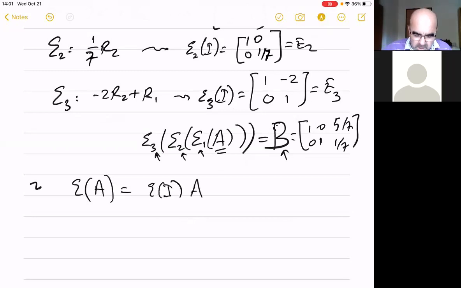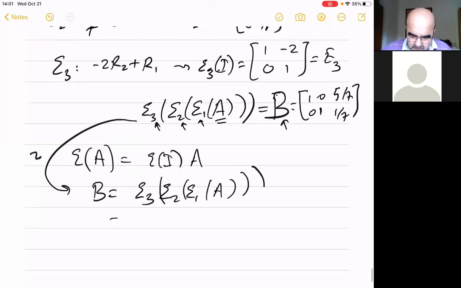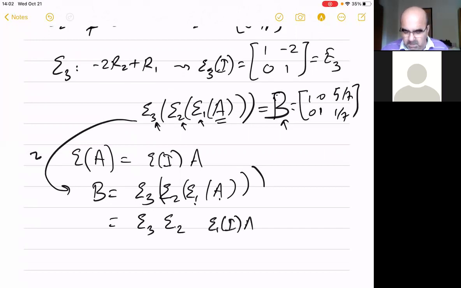Now, from here, B is equal to epsilon3, epsilon2, epsilon1 times identity. You apply epsilon3 later, of course. Epsilon1 times identity is epsilon I, remember, this matrix. And then you apply epsilon2, and then you apply epsilon3.